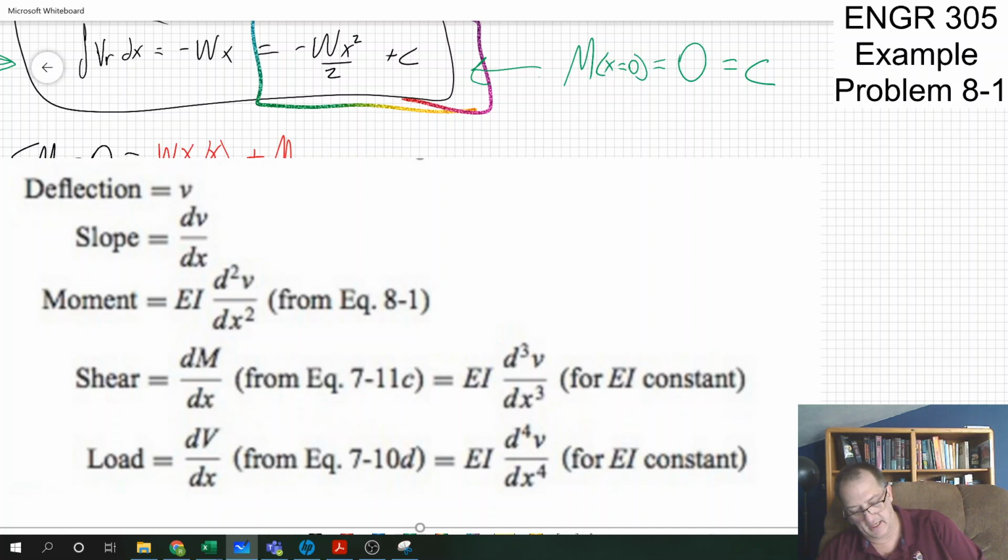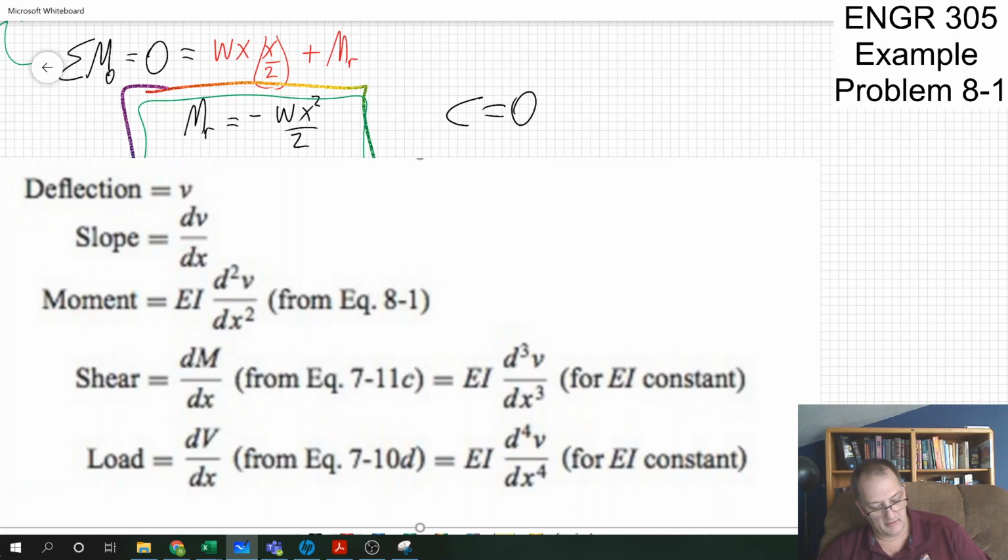So it's d theta is equal to M over EI dx. Now I'm going to put an integral on both sides. That's going to give me theta is equal to 1 over EI comes out front, and then I've got the integral of M dx.